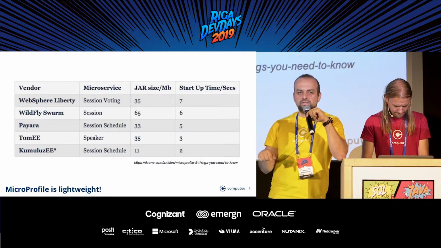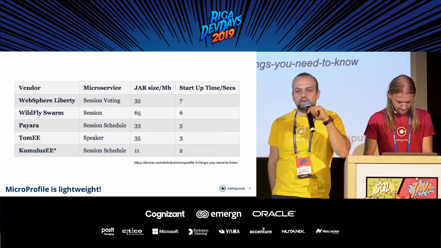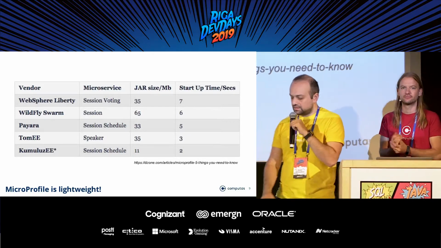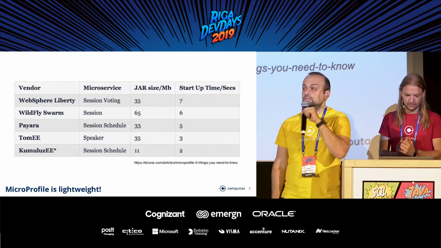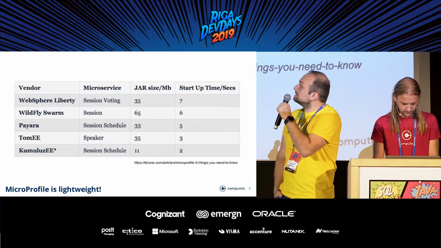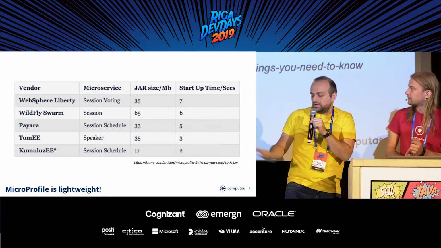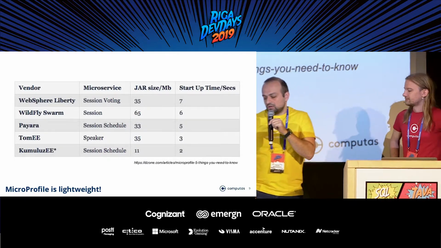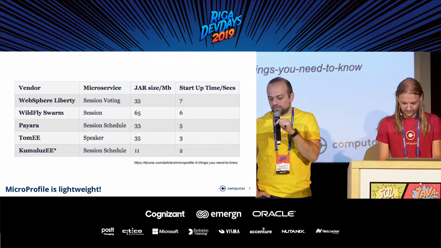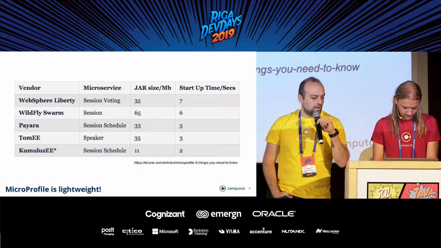There is one missing there, the newest, coolest kid in town, but we'll show that one in a bit as well. For now, you can see that it's pretty fast to start, about 2 to 7 seconds. That's pretty fast, and the footprint is also quite okay.